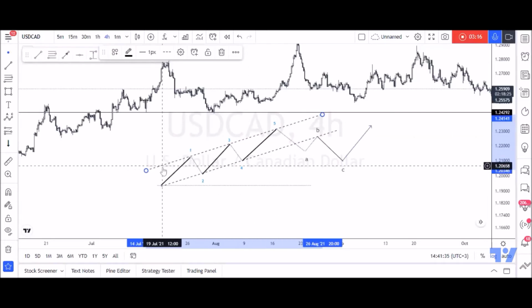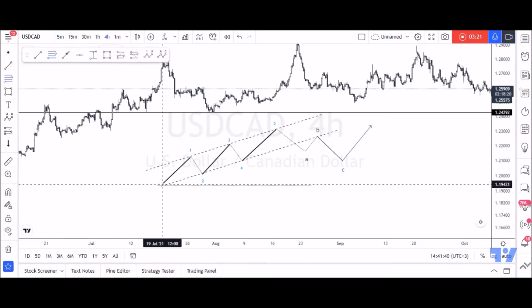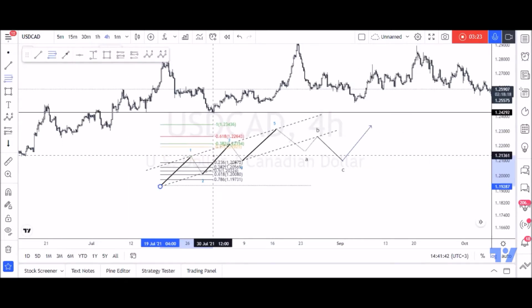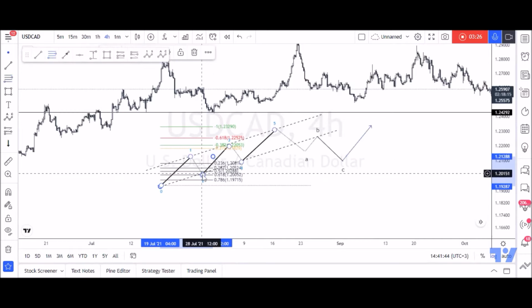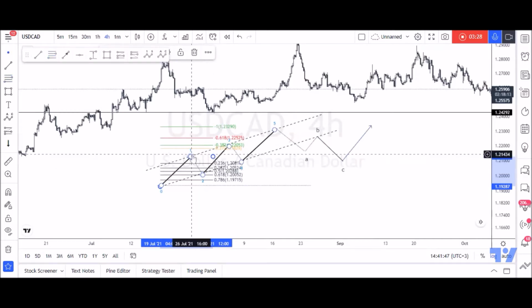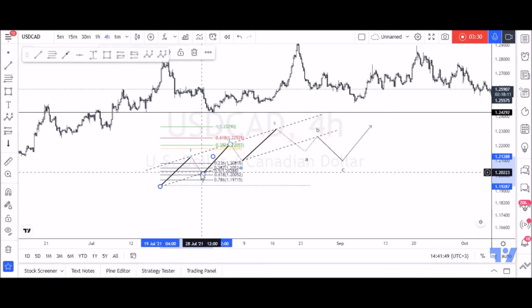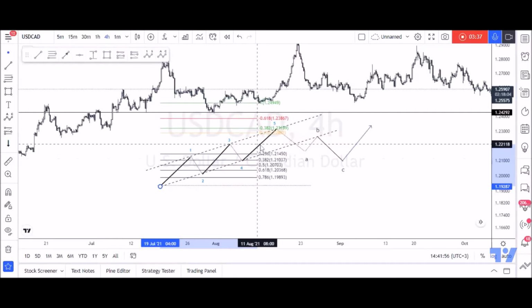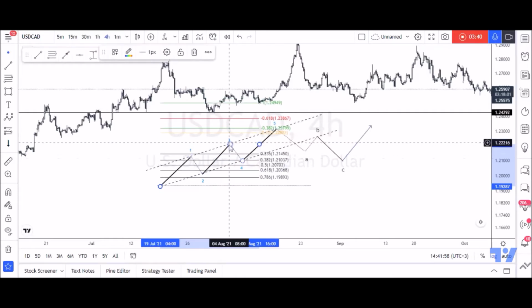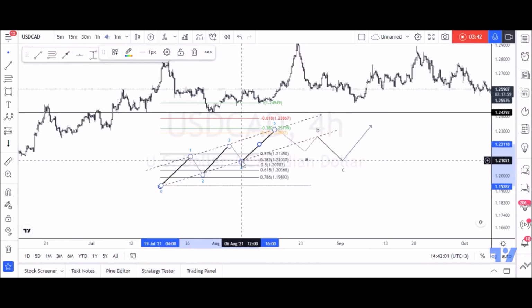Okay, so we're also going to confirm this by Fibonacci levels. Immediately after the beginning and the first wave, we create the second wave. The second wave is formed at 0.618 of the first wave. So we expect the market to bounce at 0.618. We'll stretch this to find the support at the third wave, and the third wave forms at 0.382 of the Fibonacci.